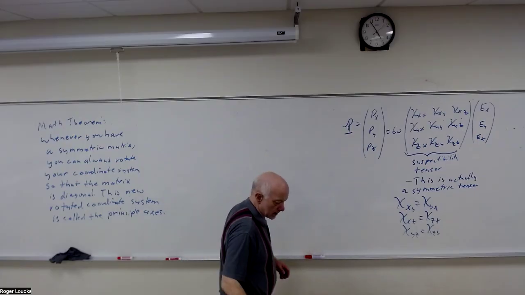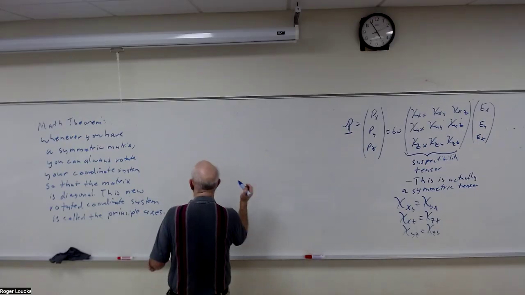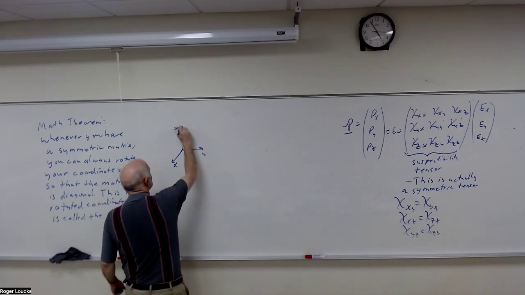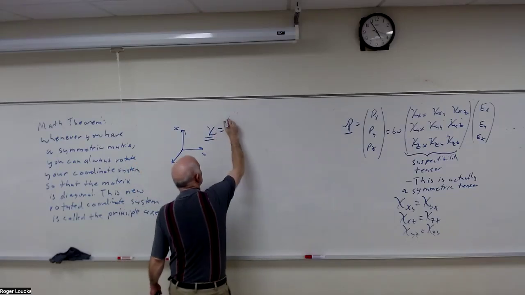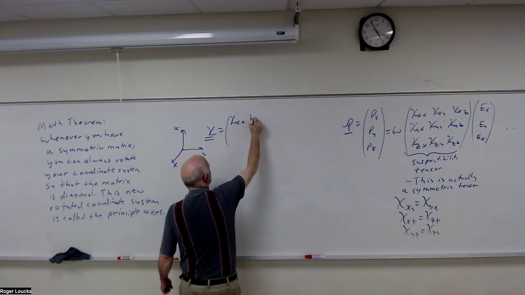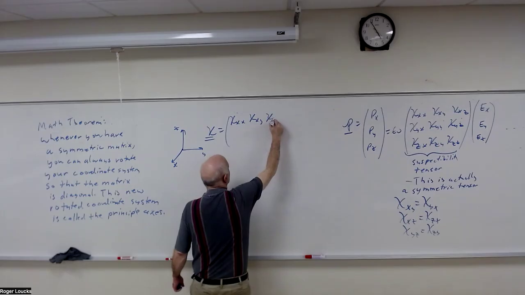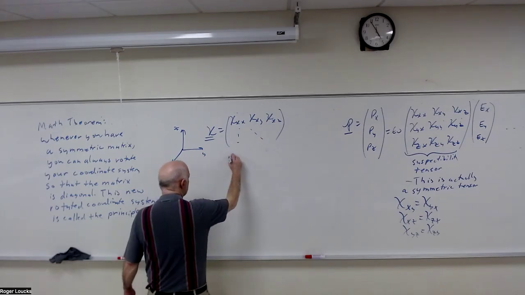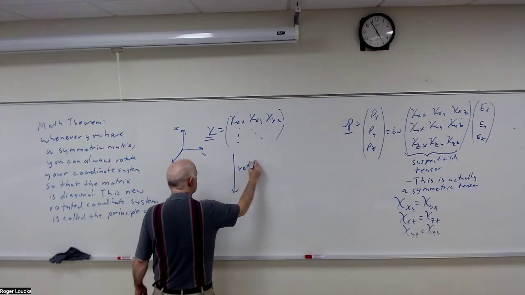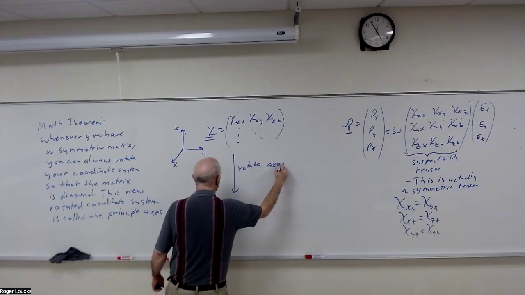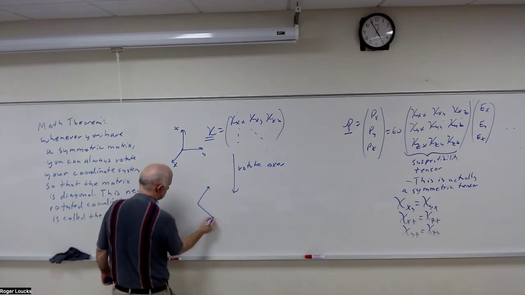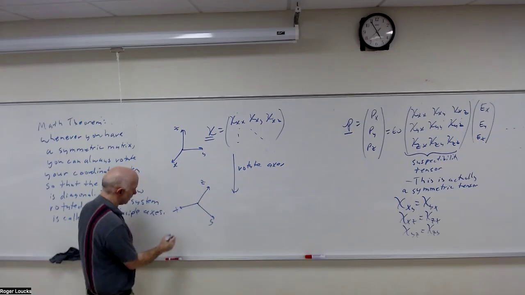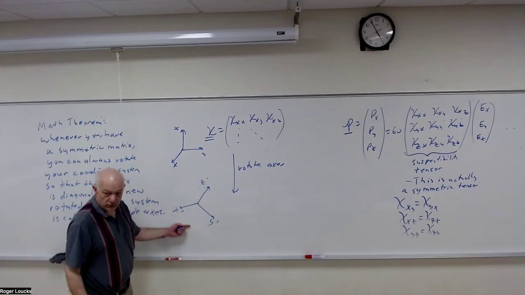If I draw a little cartoon picture of this, it's x, y, z. Here's my chi, with all this stuff here, chi xx, chi xy, chi xz. That mess. I'm going to rotate my axes to maybe this. Here's my new coordinate system.